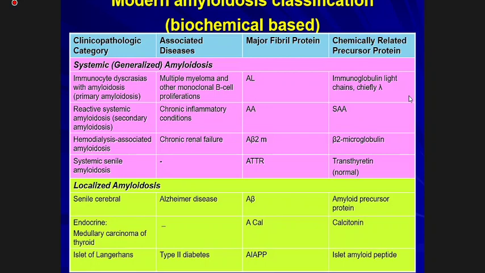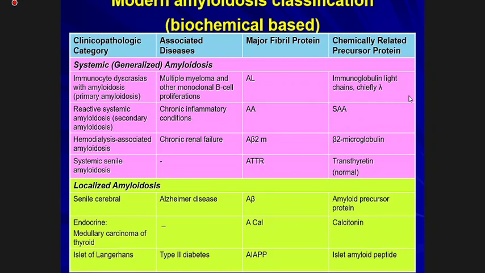Another type is the one secreted from hormones, for example calcitonin in medullary carcinoma of the thyroid. You can find amyloid in this type of carcinoma, where the fibril protein is in the form of calcitonin protein. As well, you can also find this type of protein in the islets of Langerhans of your pancreas.